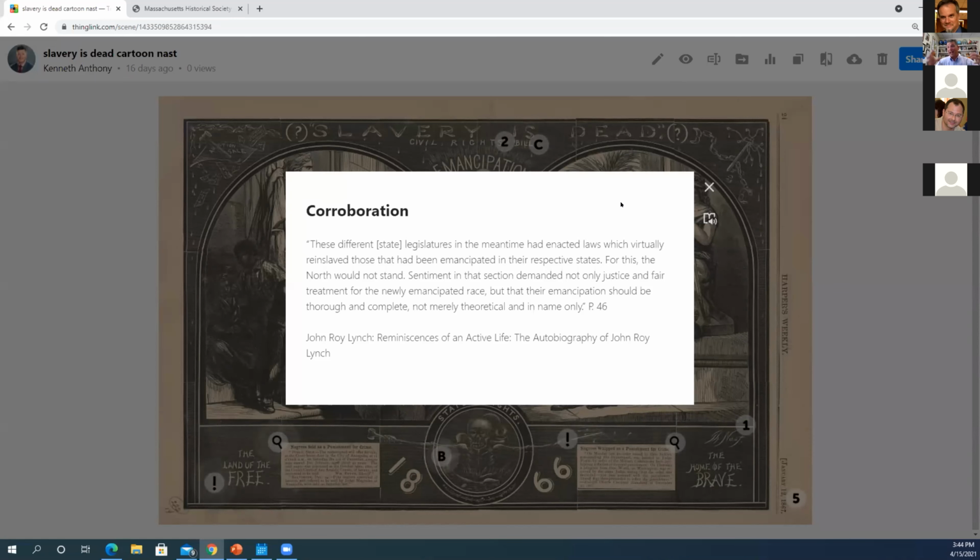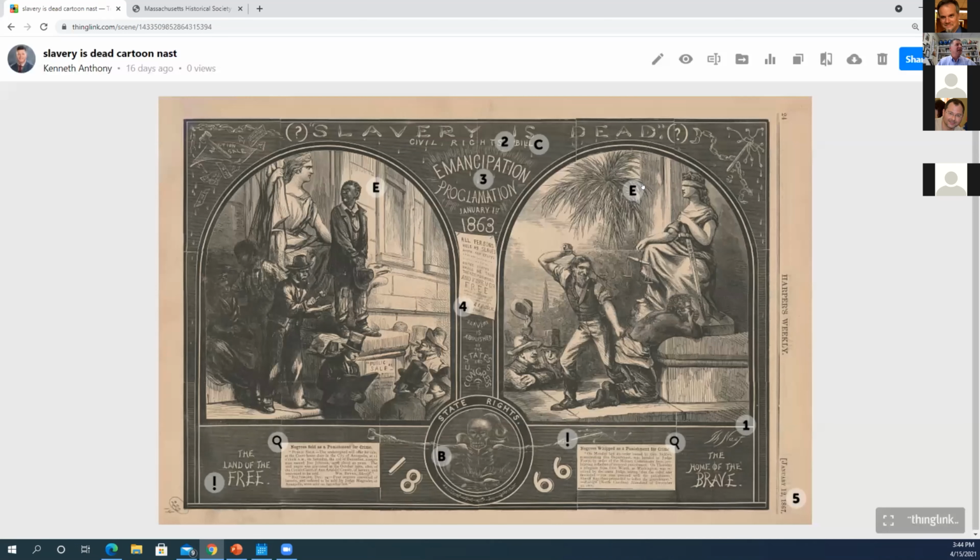And so he's talking about black codes, which the North wouldn't stand for. Lynch is writing this, I believe, in the 1880s, and he's saying that the North wanted to fix this. The reason the North wanted to fix this is because people like Nast are bringing up awareness of it. So we don't want to just trust only Nast, and there are other sources that we have there.